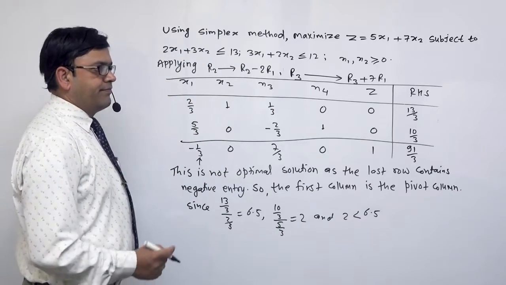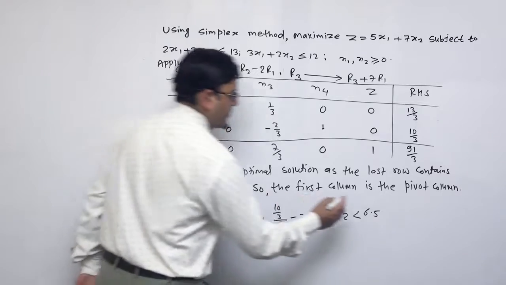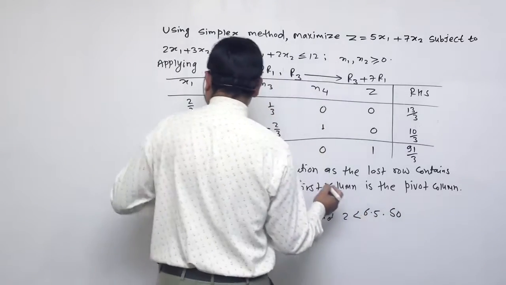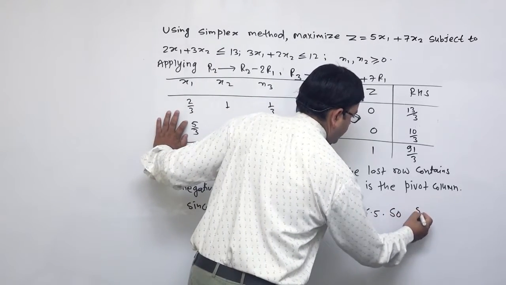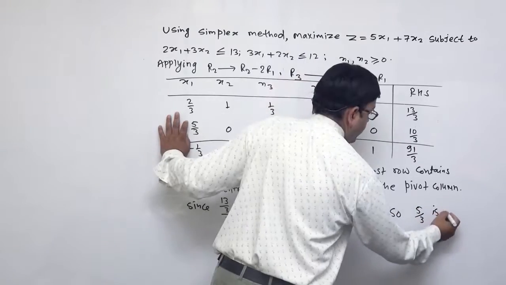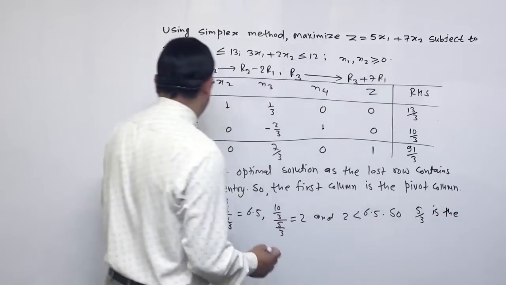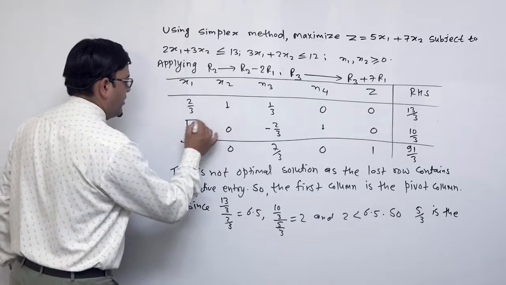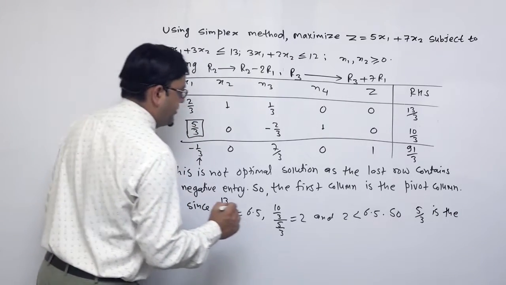So we have 5 by 3. 5 by 3 is this 5 by 3 we have here. This one is the pivot element.